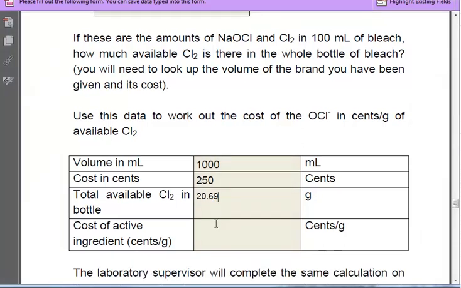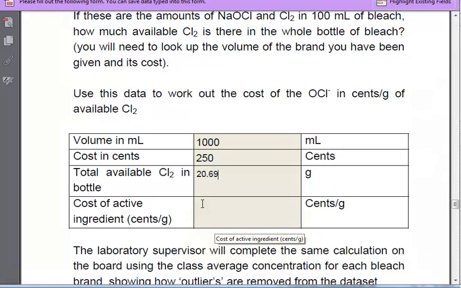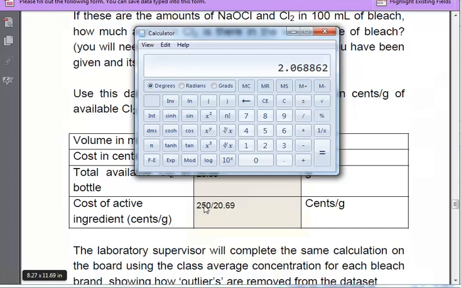And then simply to work out the cost of the active ingredient, you take the cost in cents and you divide it by the number of grams of available chlorine. So what does that equal? 250 divided by 20.69. Well, that seems very expensive. Hang on a second.